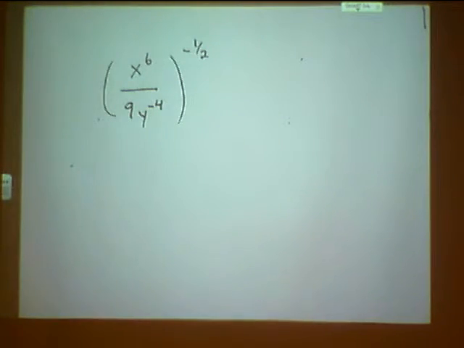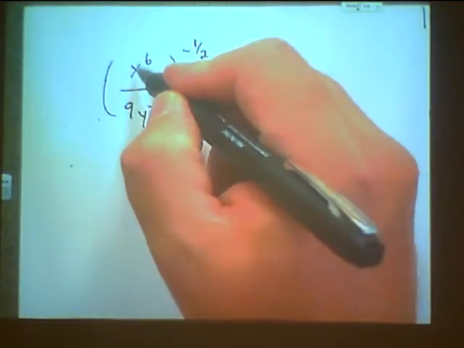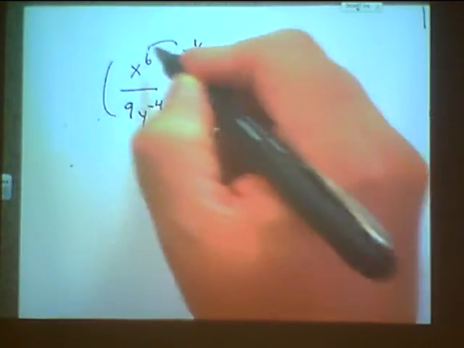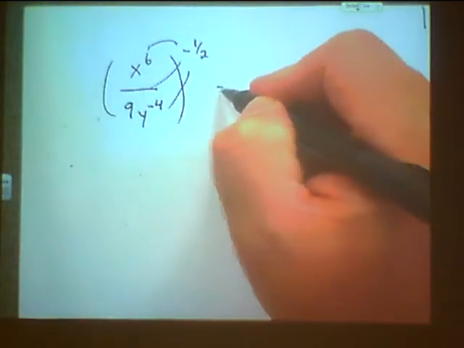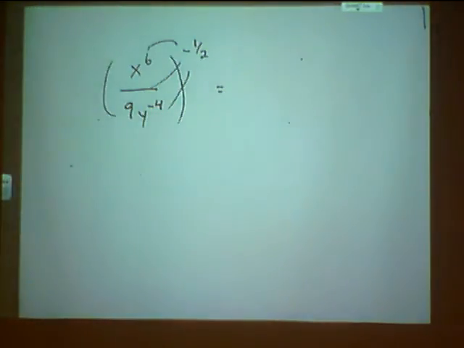Once again, hopefully by now you're starting to get the hang of this. We have 3 factors inside. I'm going to go ahead and apply the negative 1/2 rational exponent to all the factors inside. X to the 6th raised to the negative 1/2.